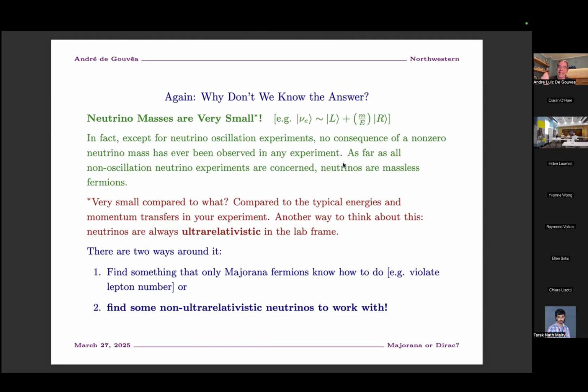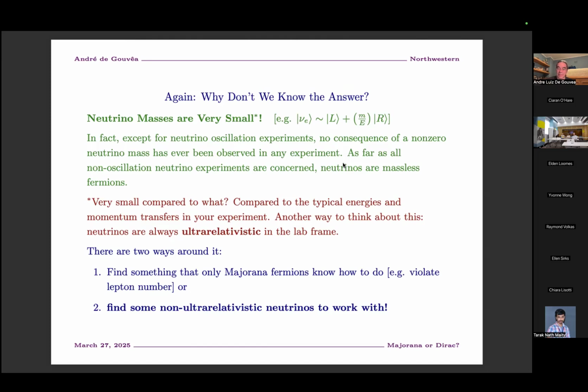So that means that any experiment that you can think of is such that the neutrinos can always be treated as being perfectly massless. And that means that in any of these experiments, you're not allowed to answer if the neutrino is Majorana or Dirac. So the problem is, from an experimental point of view, that we're always working with neutrinos that have gigantic energies relative to their mass. So how do we get around this?